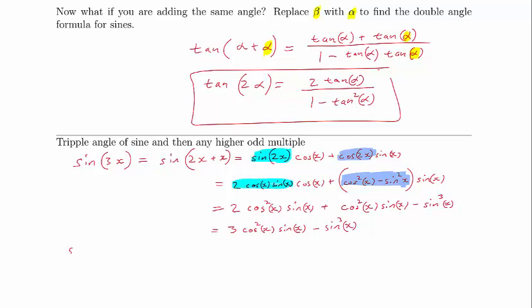If it's sine of, say, 5x, you break it up where you have at least one even number, right? So this becomes sine of x plus 4x.